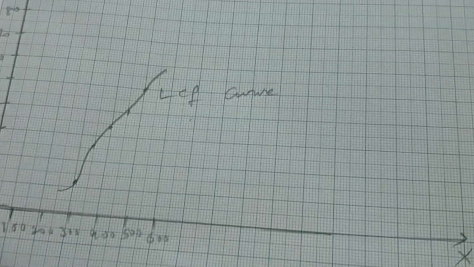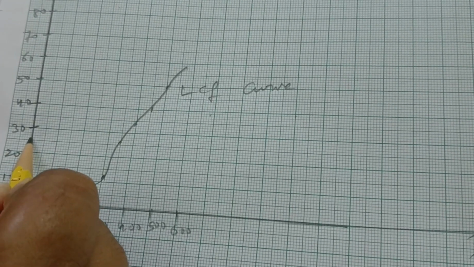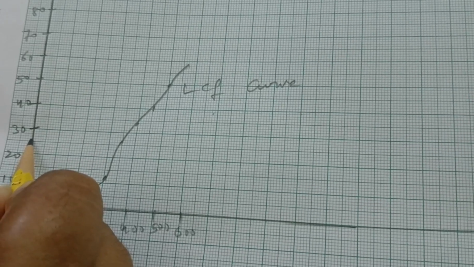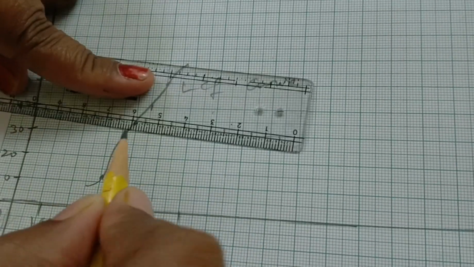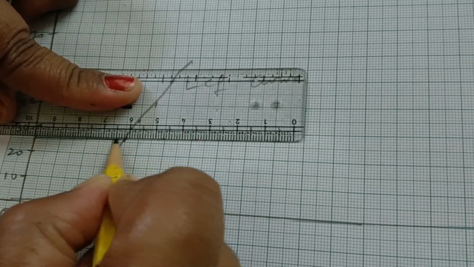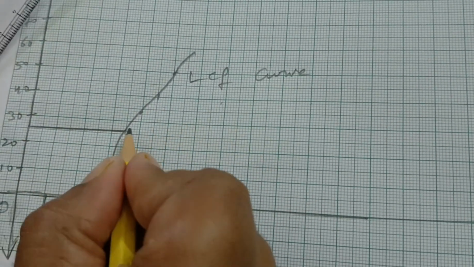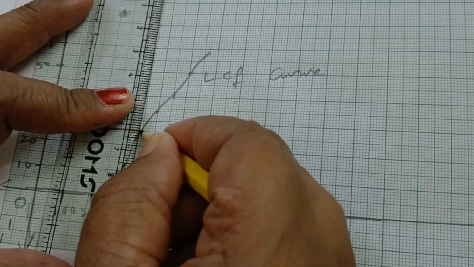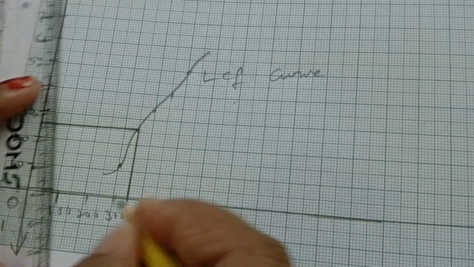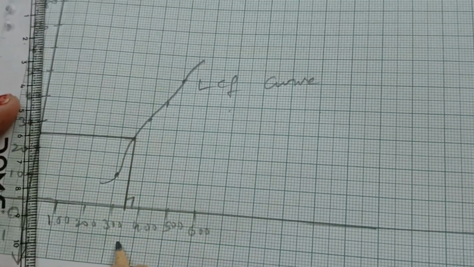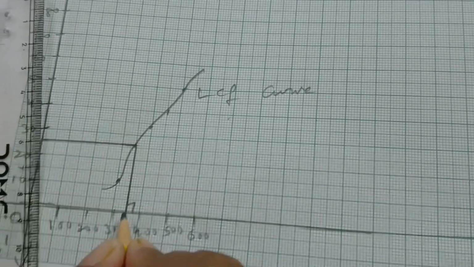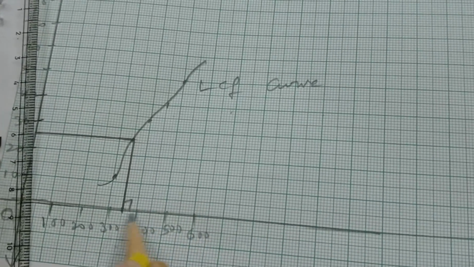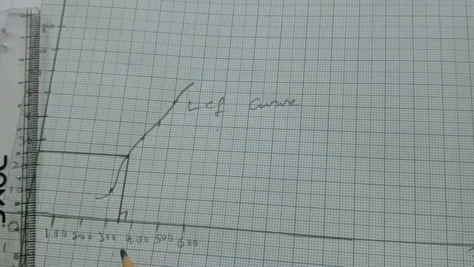In the graph, 25 is between 20 and 30. From there I draw a line until it meets the curve, and then draw a perpendicular to the x-axis. Where it meets the x-axis, that x coordinate, 350, is the median.